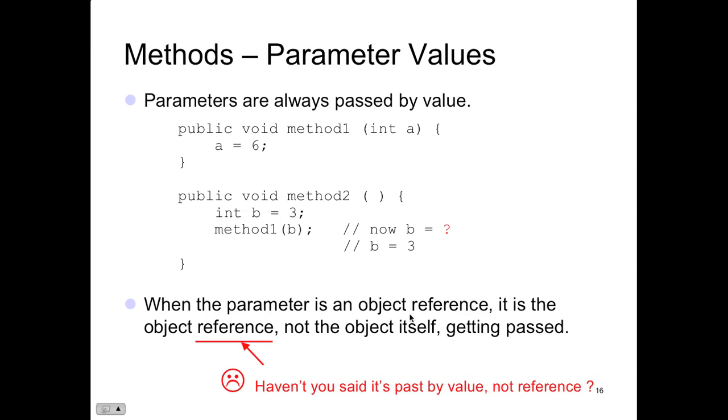When the parameter is an object, it is the object reference and not the object itself that's getting passed. Haven't we said it's passed by value, not reference? It's passed by value, but it's treated by reference. So the concept doesn't hold true. It's not the same as C++. There's no way of putting an ampersand in there, and no way of actually telling it to use it as a reference. It's built in automatically.